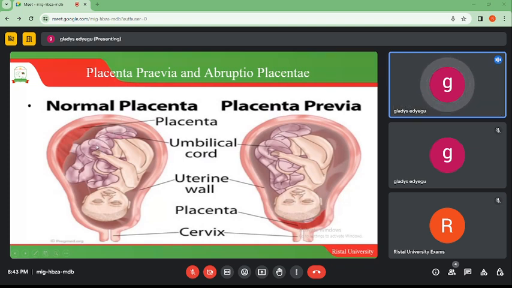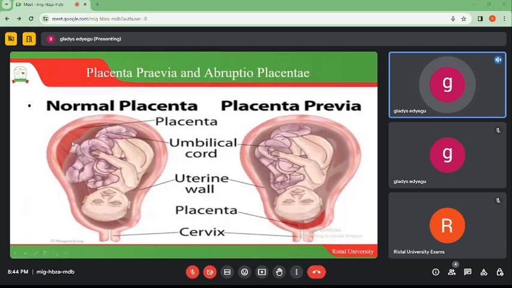And this is our baby. The uterine walls are all around the baby, as you're seeing in the labeling here. Then you have the cervix just below down here. In this one, this is the normal location of the placenta, and the placenta is here at the fundus, that is on the upper segment of the uterus.